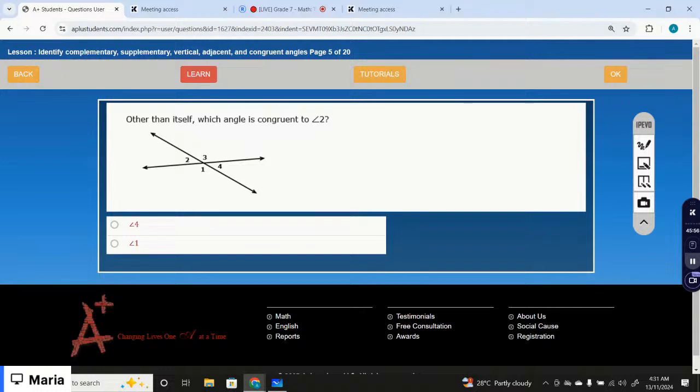That is angle 4. Option number 1 is the correct option. Okay, you can complete the lesson by yourself later today. Let me just move on to next lesson.